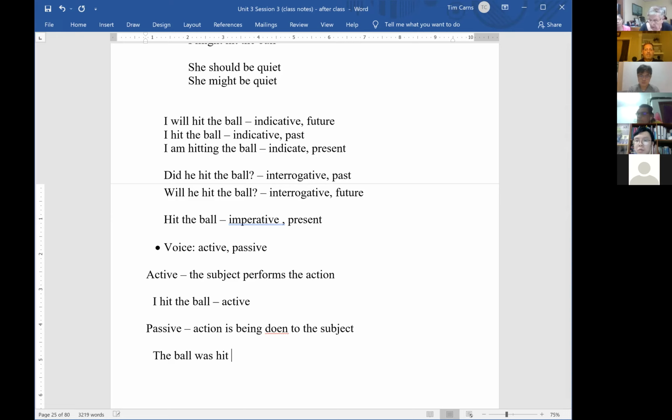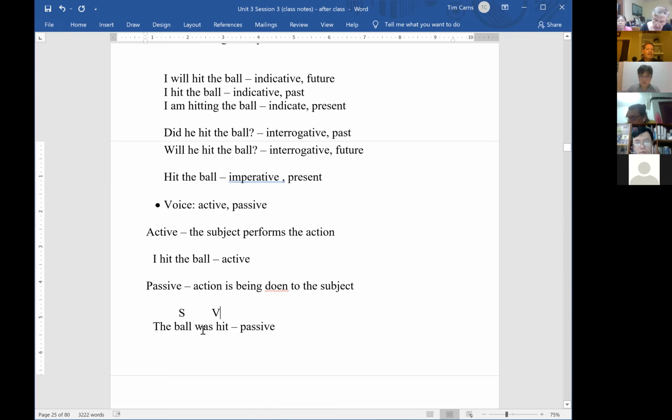In this case, this is passive, as seen by the helping verb was. And this is describing here, the ball did not do the action. Again, the subject of this sentence is ball, the verb was hit. The subject is not doing the action. The action's being done to the subject.